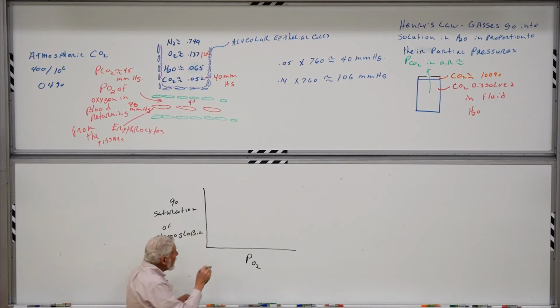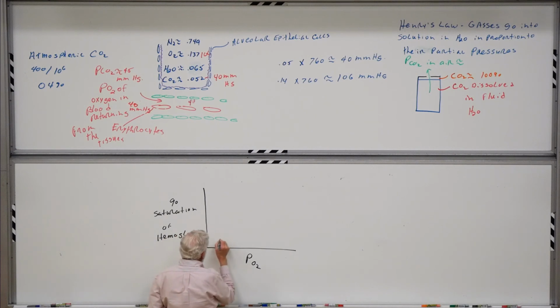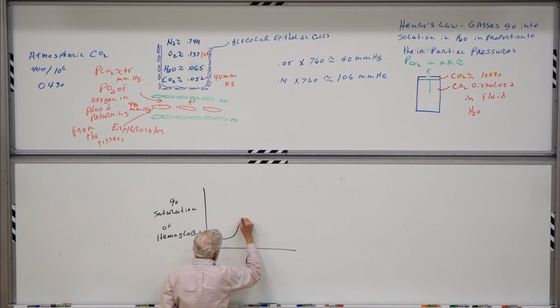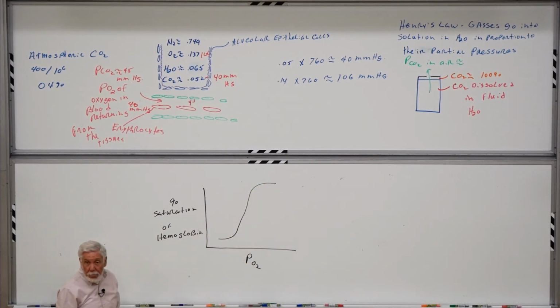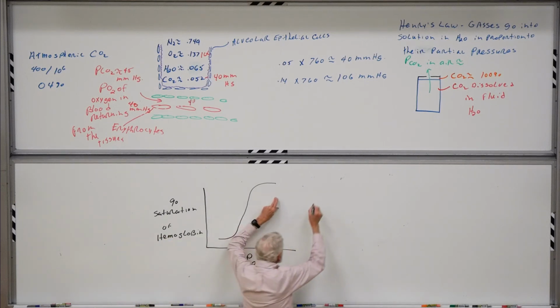Now, as we plot this, we get this really interesting curve. It's kind of flat at the bottom. As we increase the partial pressure of oxygen, it shows this sigmoid shape. So this is a sigmoid shape.